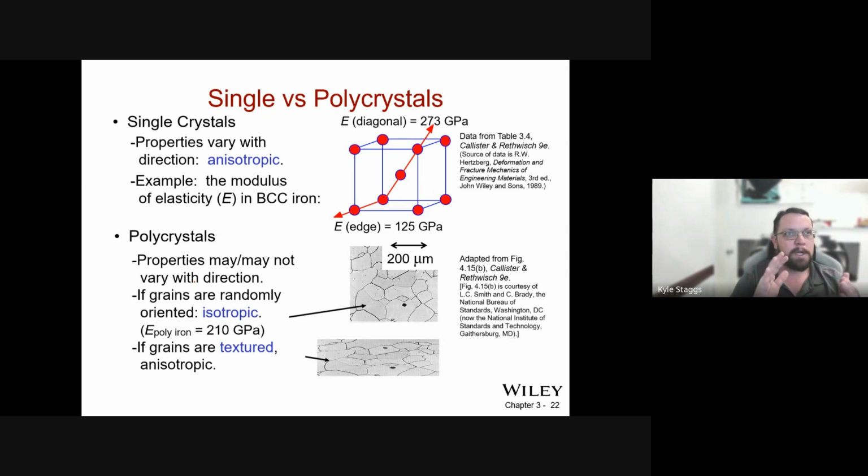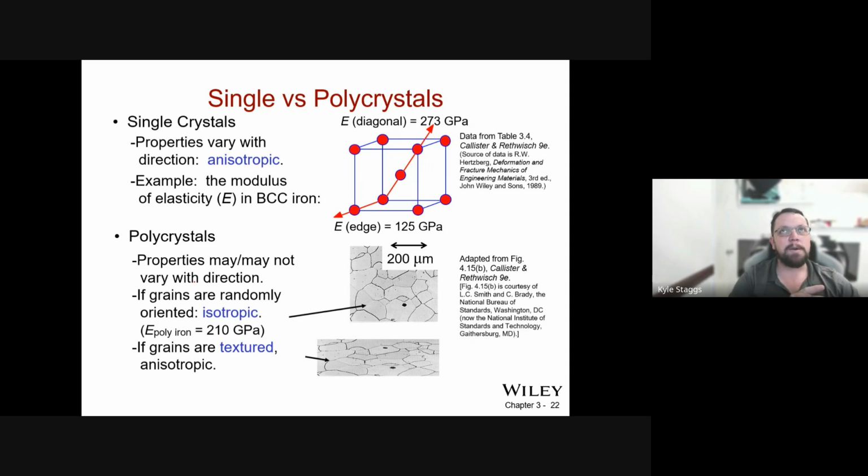If the grains are randomly oriented, they are isotropic. The polycrystalline iron here is on the order of about 210 gigapascals. So it's kind of an average between the two, with the edge and the diagonal. It's somewhere in the middle, but a little closer to the maximum strength along that edge.